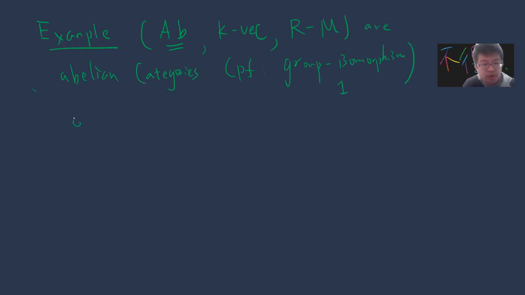For example, let's consider Abelian groups and a map phi from A to B. Then you can take the image of phi, which is a subset of B. So you can make this map A to the image of phi. What is the co-kernel? Just B modulo the image of phi, and this is the kernel, just kernel phi.